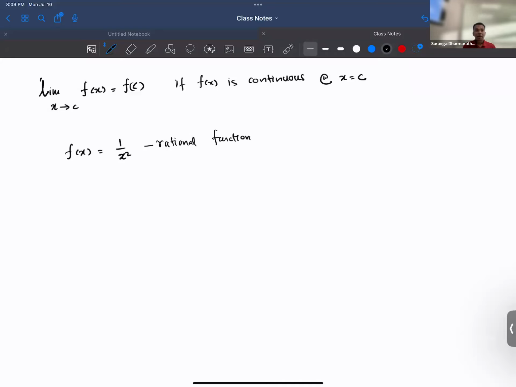Now, is this function defined everywhere on the real line, for all the real numbers? At what values is it not defined, if any?